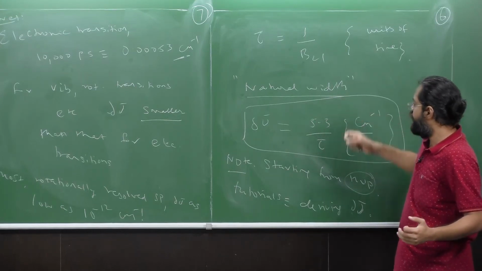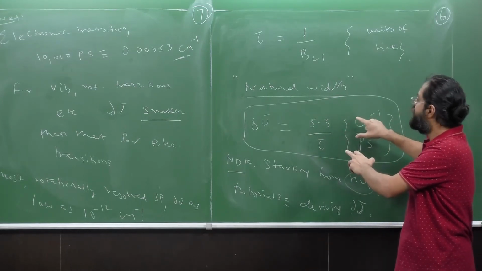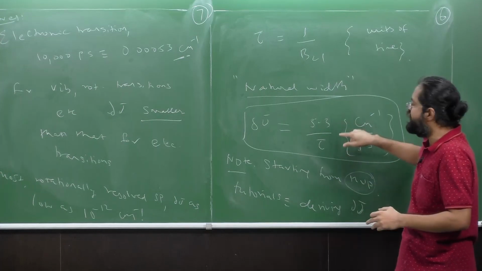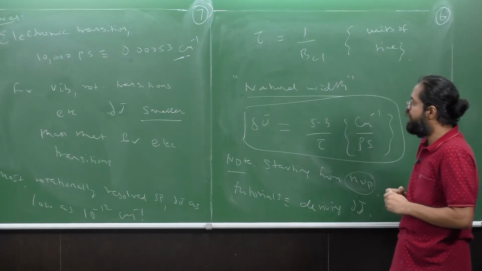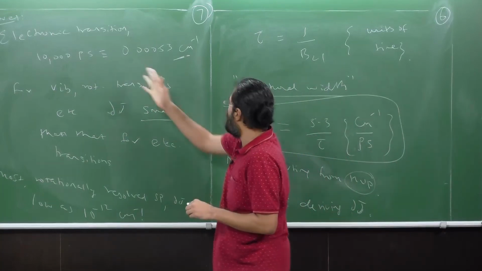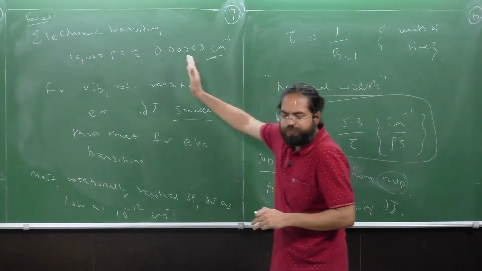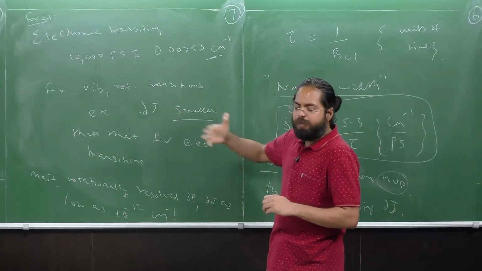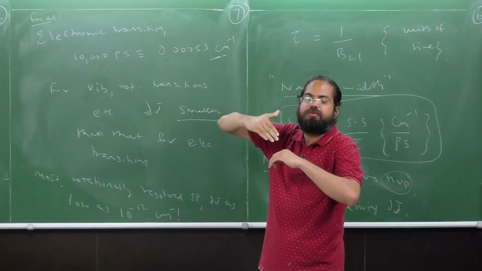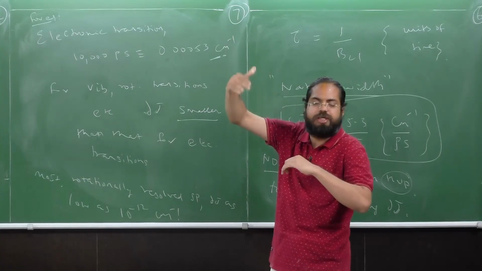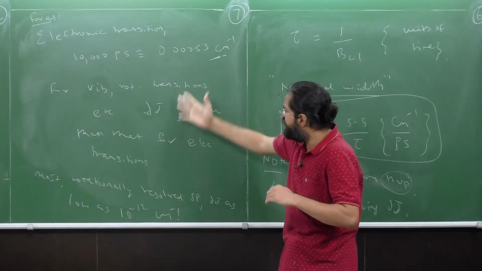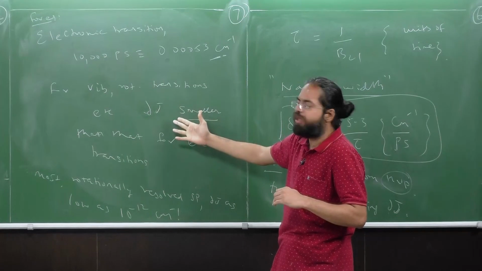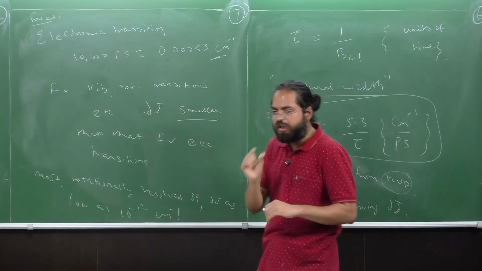We did not see the derivation; we shall be looking at the derivation in a tutorial. Based on this formula, we can get the magnitude of the natural width of all these spectral lines. And given that electronic transitions are much higher in energy than rotational and vibrational transitions, we understand that for vibrational and rotational transitions, the natural width is going to be much smaller.